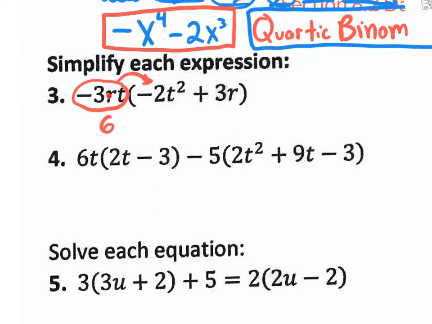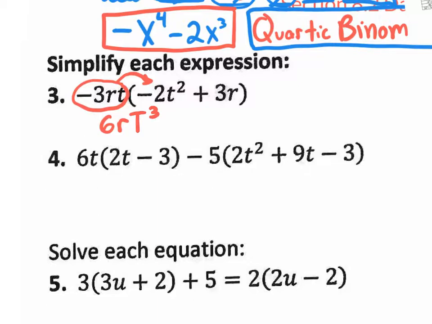Well, I have an r that I need to multiply by. Is there any other r's here? No. So I'm just going to write it. So far I have a 6r. And let's move on to the t's. I have a t times t squared. T times t squared is t to the third. I want to put capital T so we don't confuse it with a plus sign. So there's my first term, and I got that by distributing negative 3rt times negative 2t squared.